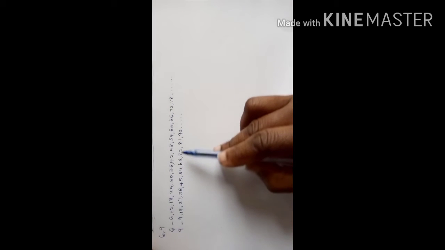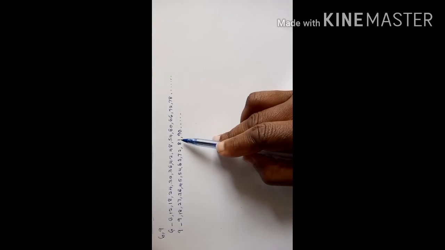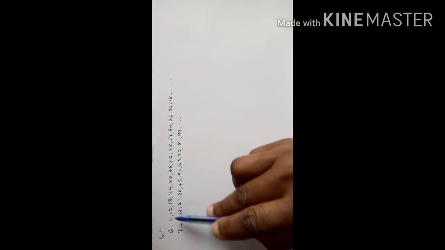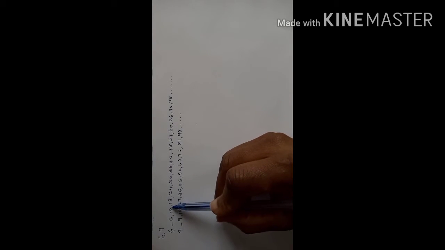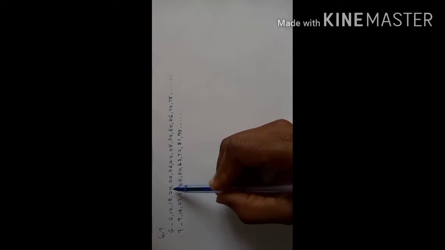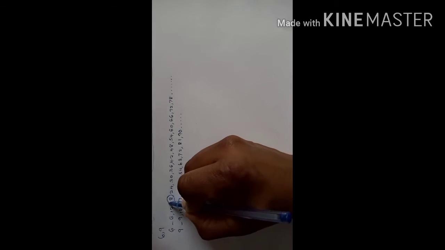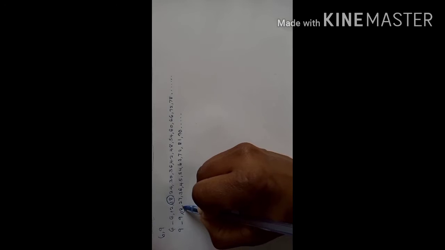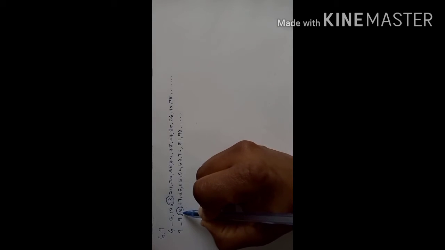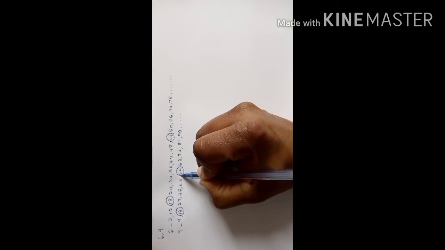So from the listed multiples, we will circle the common ones in the two lists. Okay, so the common ones here are 18, and for 9 we have 18. We also have 54, and we have a 54 here.